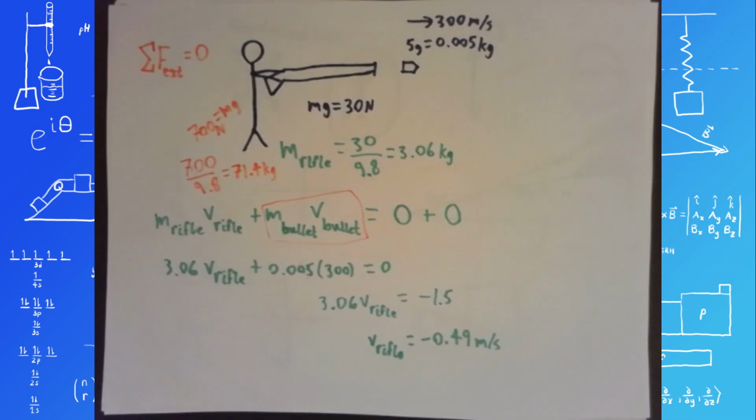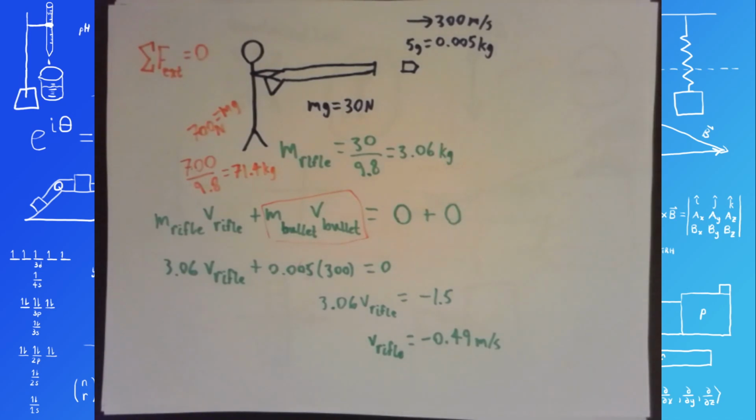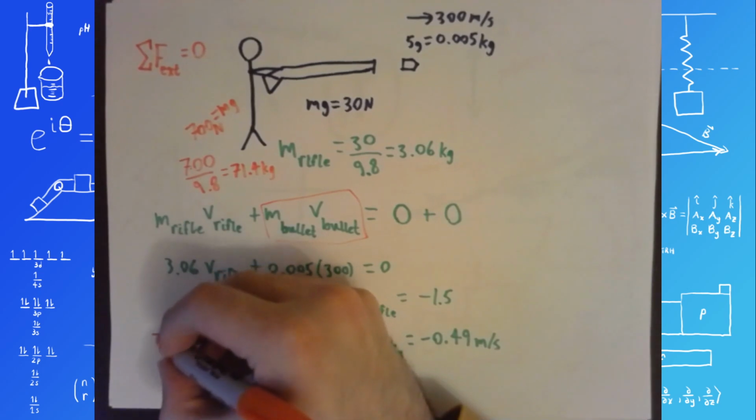About 150-ish pounds, give or take. And let's see, 71.4, we're going to add that to the 3.06 from earlier, so that gives us 74.46 would be their combined mass.